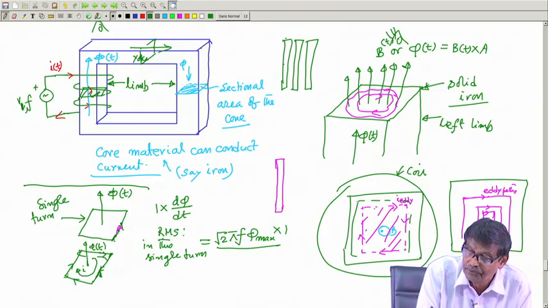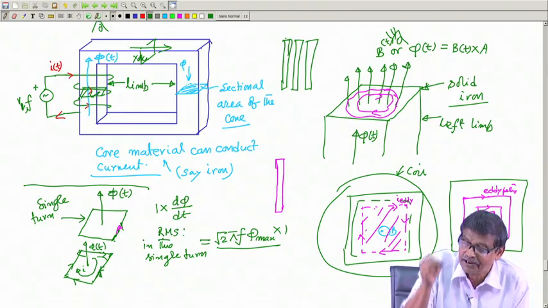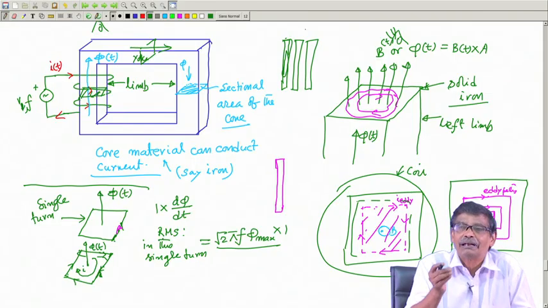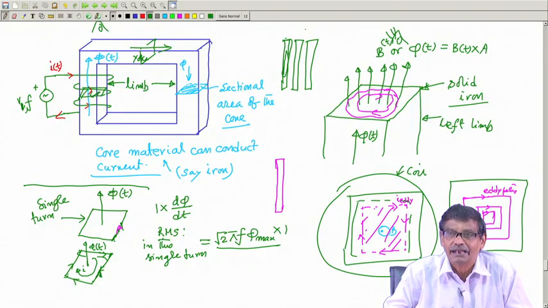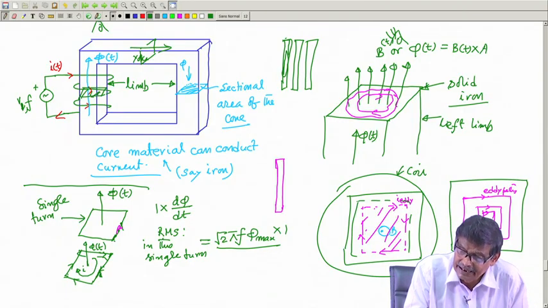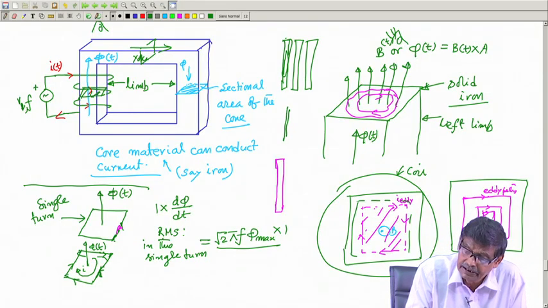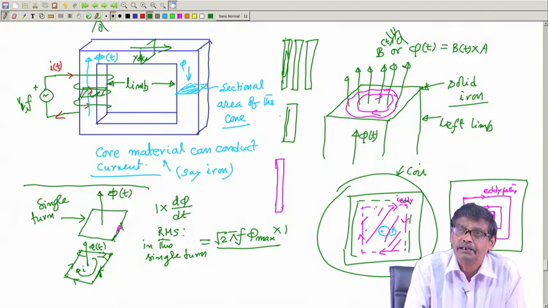So, this is a plate and there is phi perpendicular to this, there will be eddy currents now, but if you make thinner plates, the number of eddy current paths available will become less for each of the plates, given that each plate is electrically insulated from the other. So, if you want to concentrate on a single plate, you will see that in this plate the eddy current loss will be less.